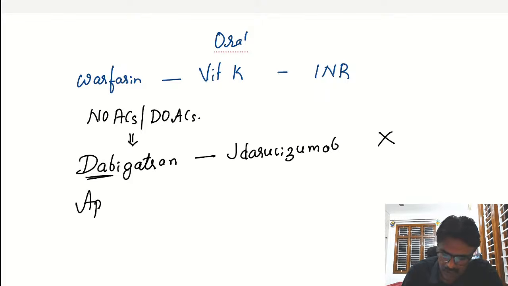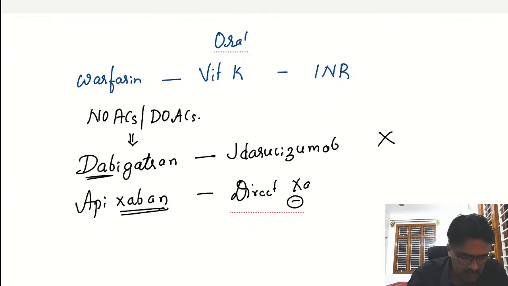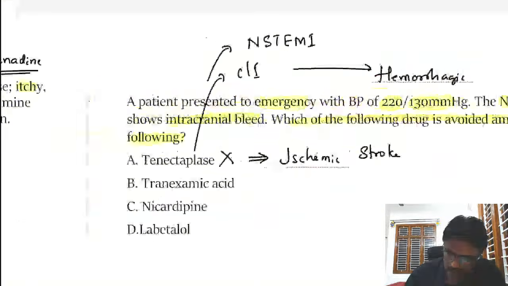Then the drugs like apixaban, betrixaban, they end with xaban. So these are direct 10A inhibitors. Not antidote, sir. Doxorubicin is not an antidote. Did I write like that?